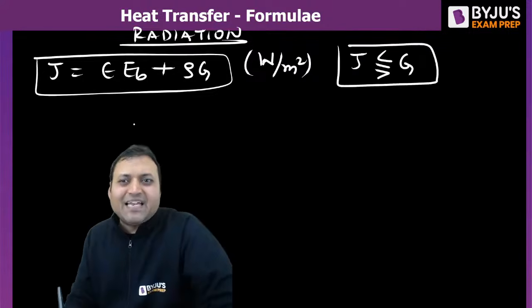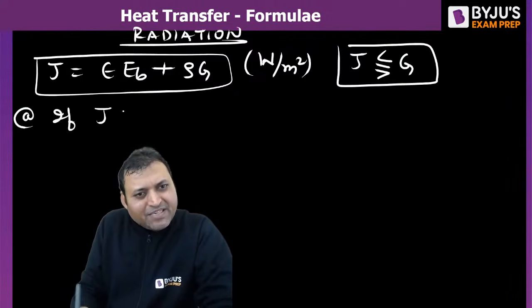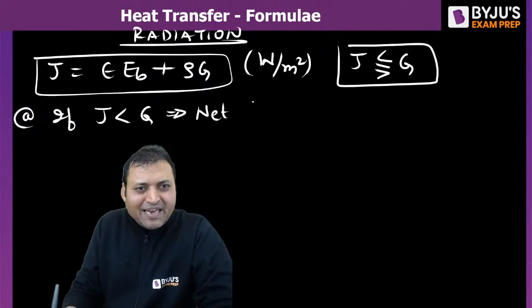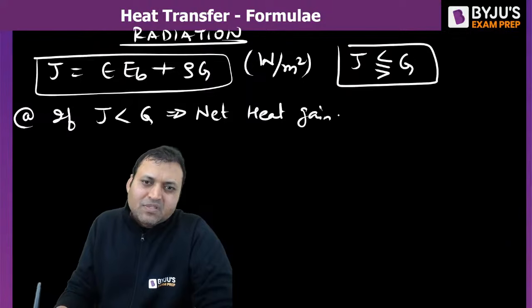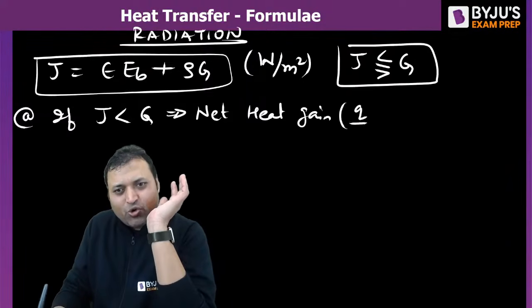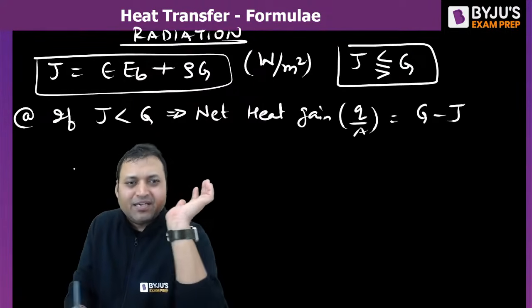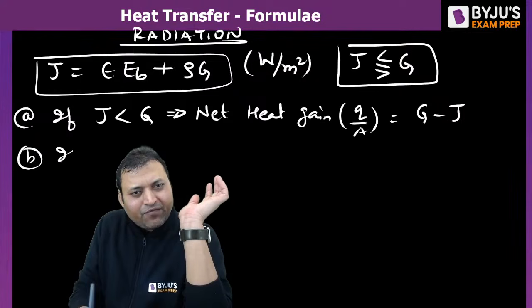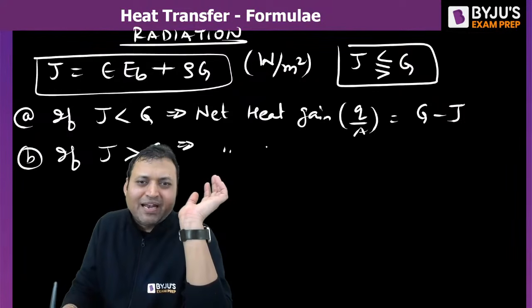For J less than G, there is net heat gain. The body will have a heat gain, that is Q by A gain is equal to G minus J. If J is greater than G, then there will be net heat loss.